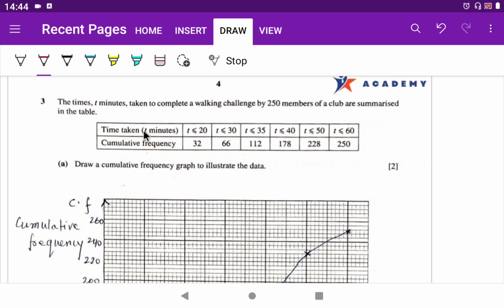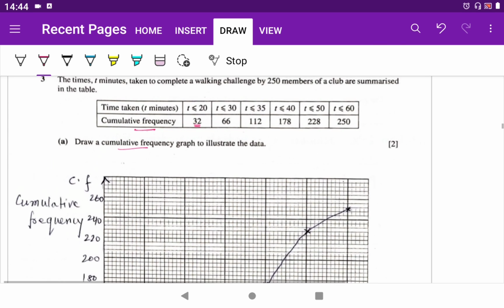So the time taken in t minutes: less than 20, the cumulative frequency is 32; less than 30, 66; less than 35, 112; less than 40, 178; less than 50 minutes, 228; and less than 60, which means 1 hour, 250 members. This is a cumulative frequency. Draw a cumulative frequency graph to illustrate the data.